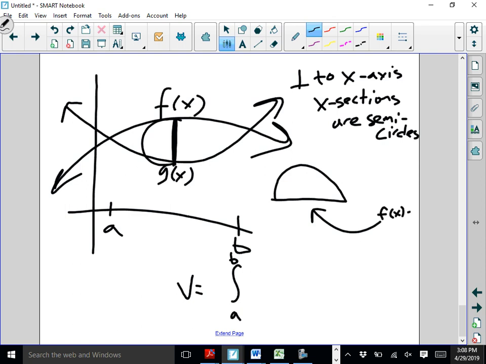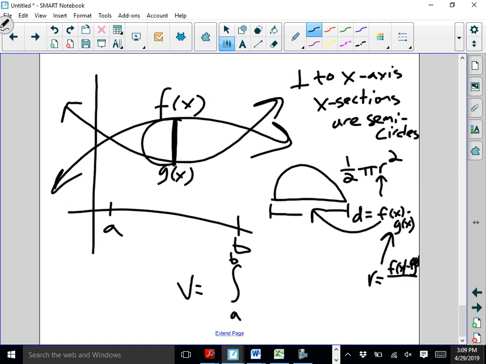Well, the area of the semicircle is half of the area of the circle, half pi r squared. Problem is, notice, this requires radius. This f of x minus g of x, that is the diameter. So the radius would be half of that. f of x minus g of x over 2.